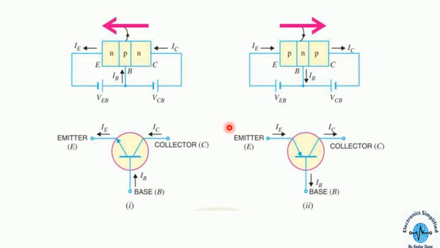By this way we can understand the working of the transistor. If you check different types of transistors and provide the forward and reverse bias condition, it will form an amplifier, and it will provide some amplification at the output terminals. So this is the basic idea.